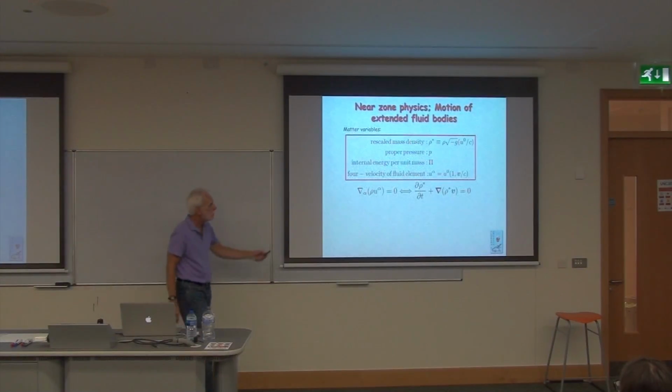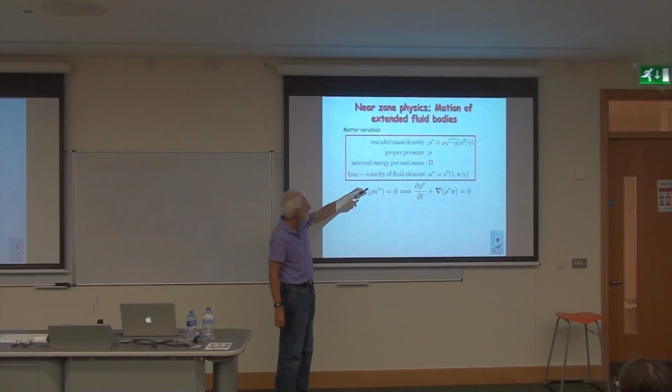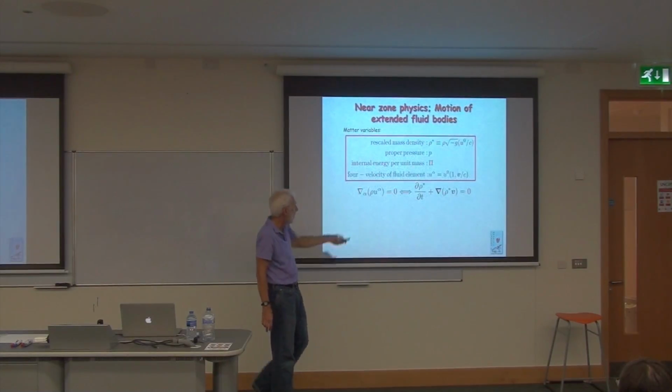So remember, our matter variables were the rest mass density measured in a local freely falling frame, rho, the pressure measured in a local freely falling frame, and the energy density epsilon. It's conventional to use an energy density per unit mass density, I'll call it capital Pi.